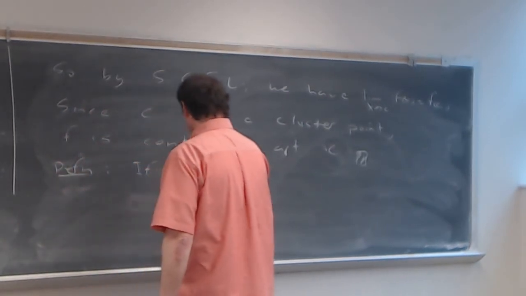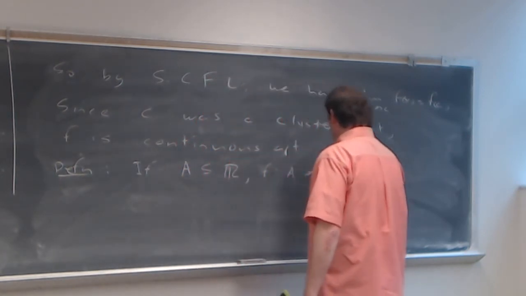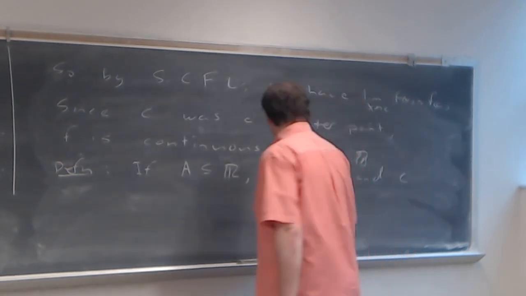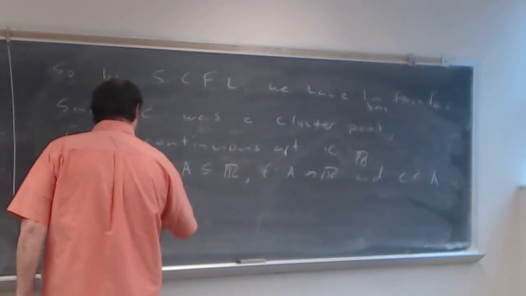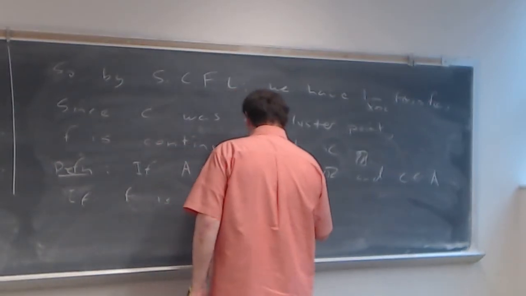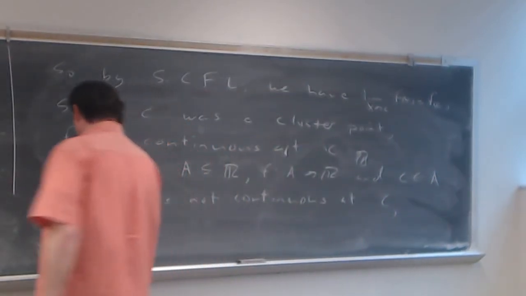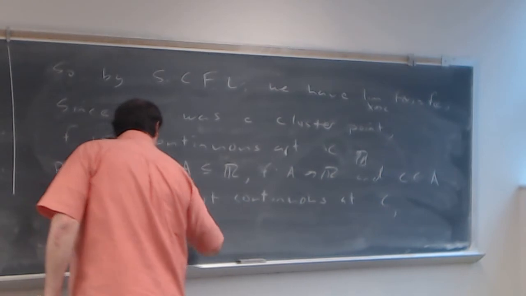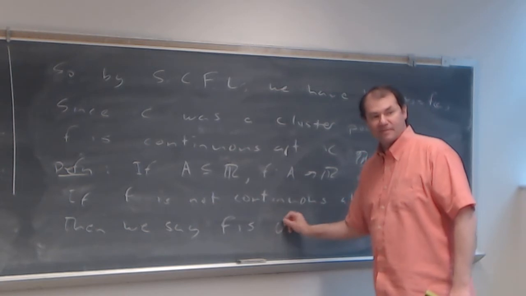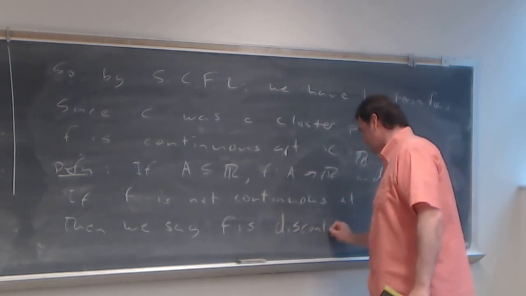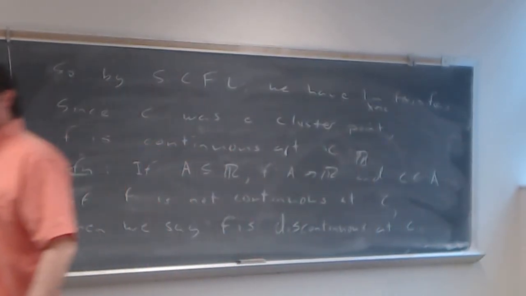If A is a subset of R, f goes from A to R, and c is an element of A. If f is not continuous at c, then we say, here's a big word you've heard before from calculus days, f is discontinuous at c.